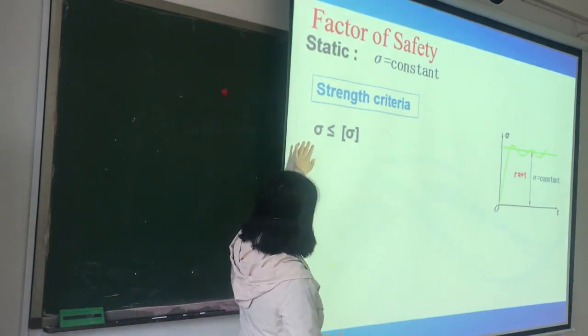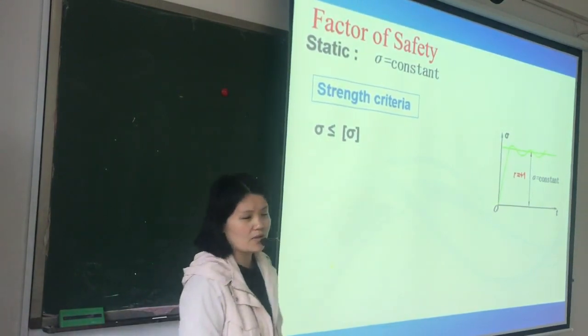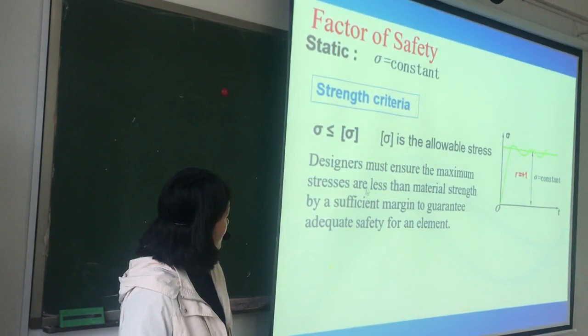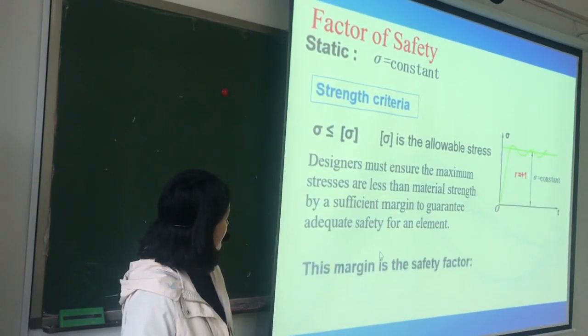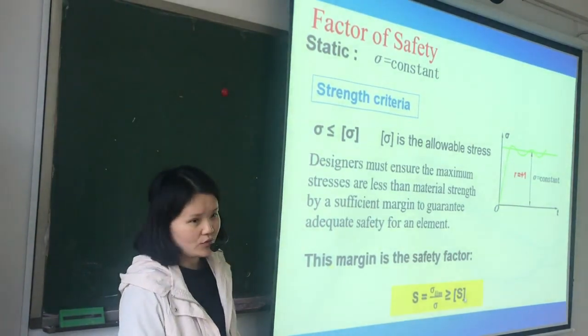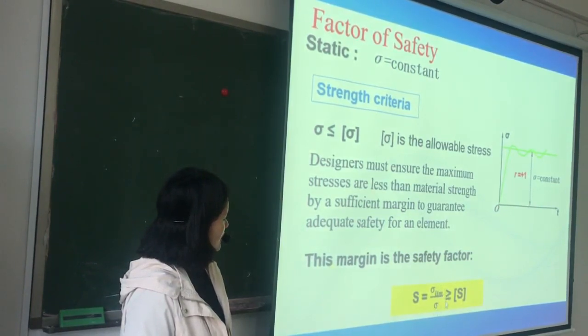The working stress should be less than the allowable stress, and we have the safety factor S. S should be larger than the allowable safety factor, and S is sigma limit divided by sigma, where sigma limit is the strength limit and sigma is the maximum working stress.